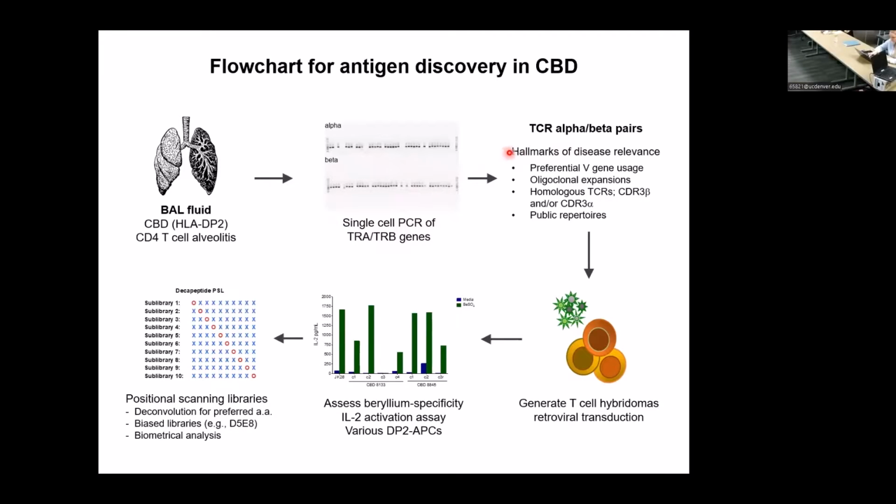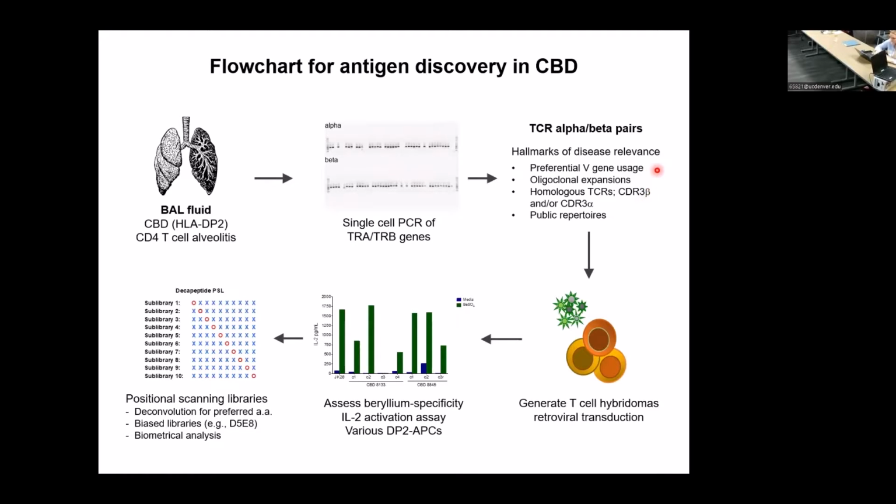To do that, we look at the receptor pairs and look for hallmarks of disease relevance. These have been long appreciated and studied over the 20 years that I've been working in this area.